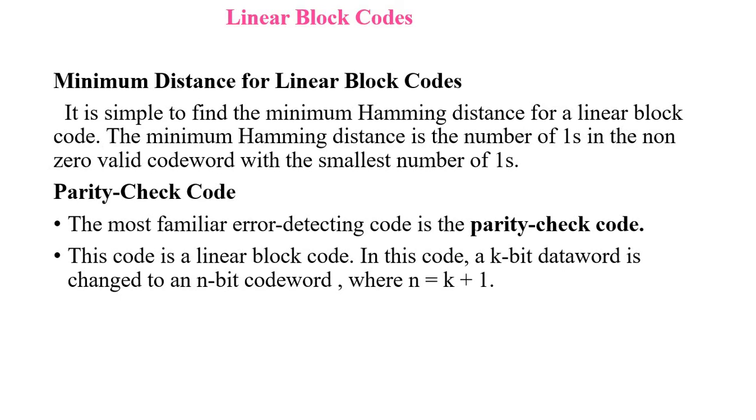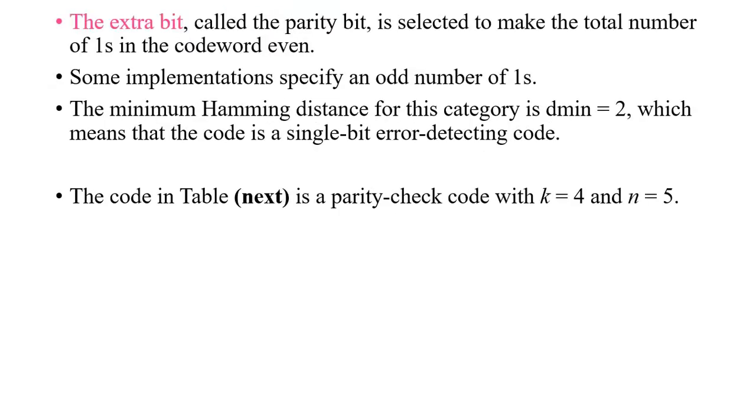The format is, for a k bit data word and an n bit code word, we calculate the code word with the formula n equal to k plus 1. By adding this one extra bit along with the normal data content, we form the code word. This is done based on whether it is even parity or odd parity, and this extra bit is called the parity bit. With the minimum Hamming distance d minimum equal to 2, the code is a single bit error detecting code.